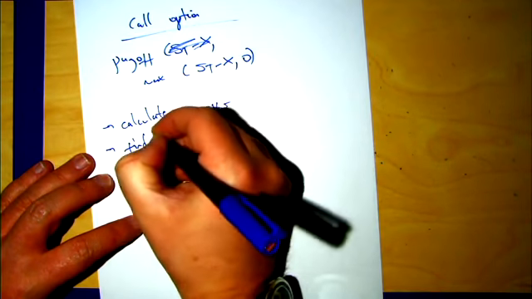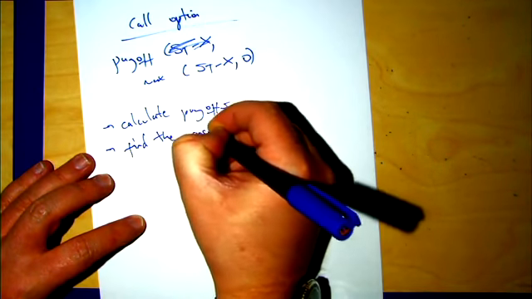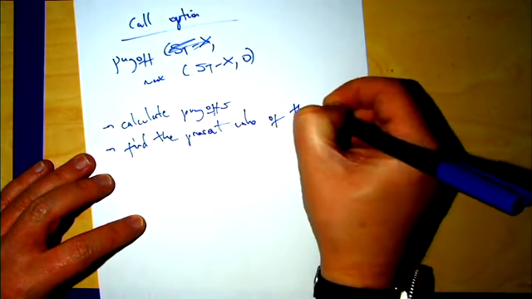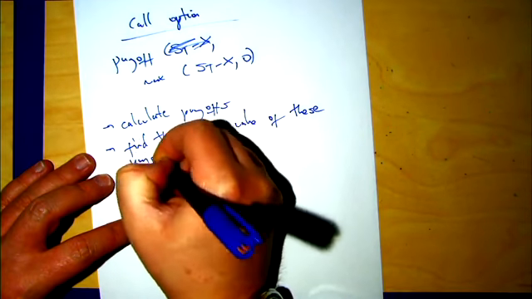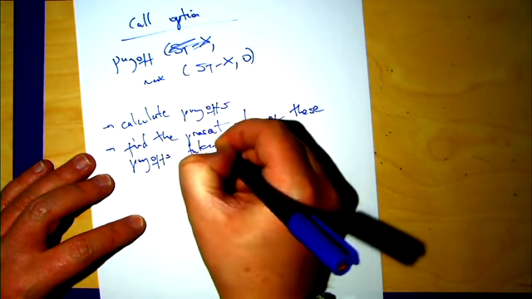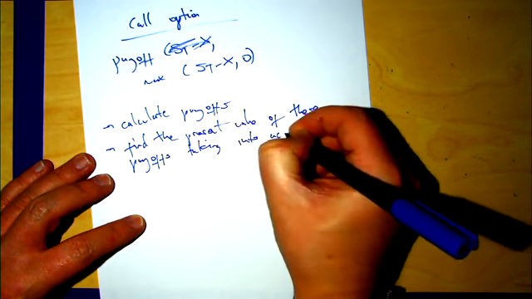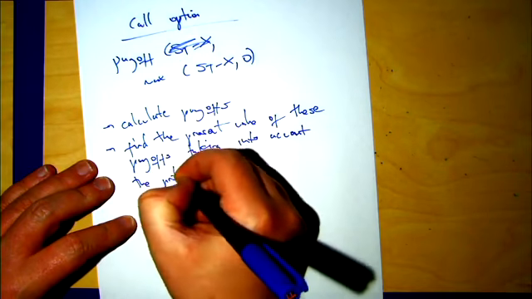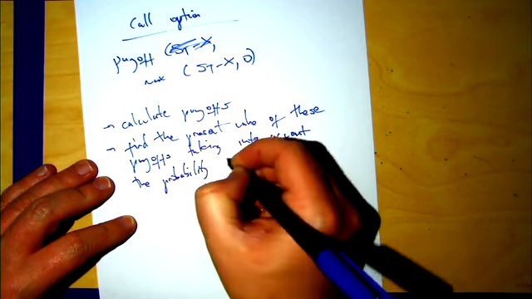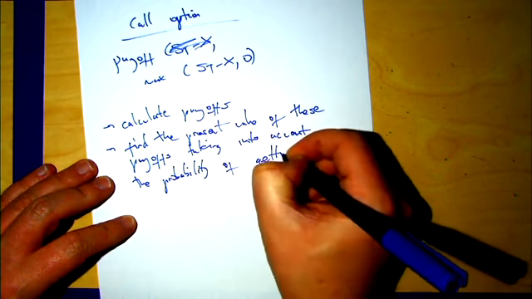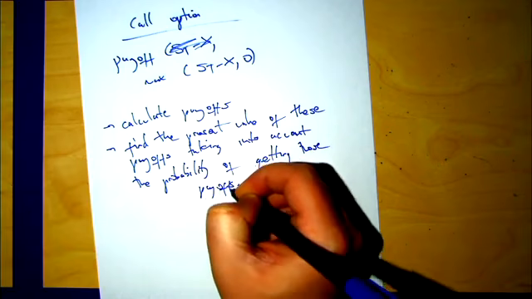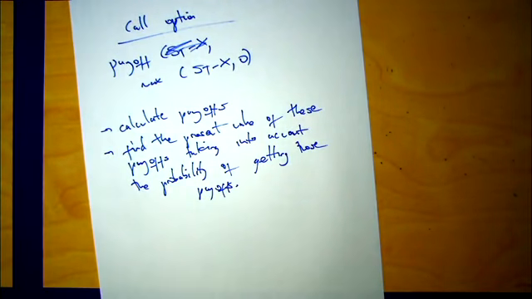I find the present value of these payoffs, taking into account the probability of getting those payoffs. Okay, probability of getting those payoffs.